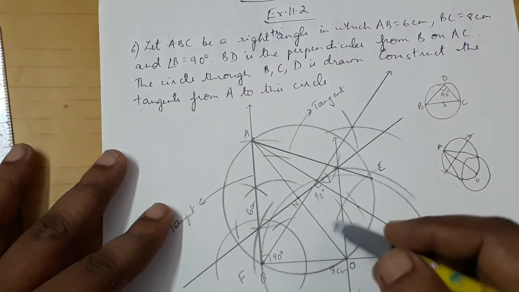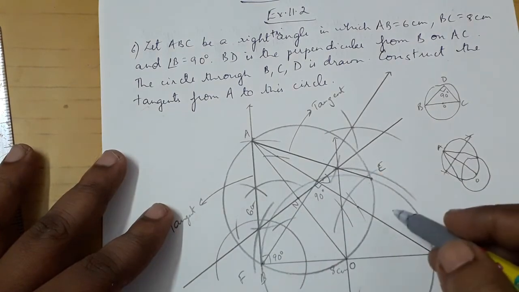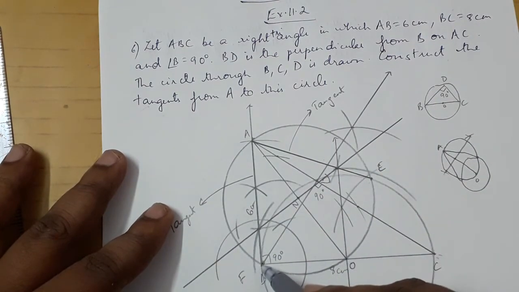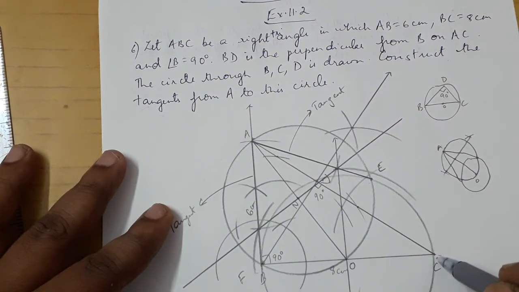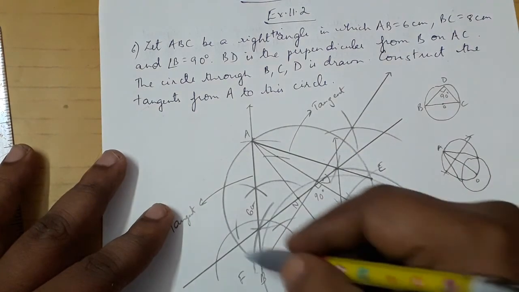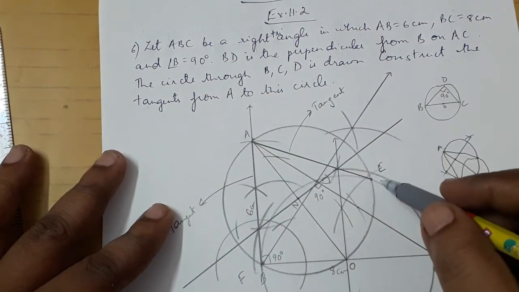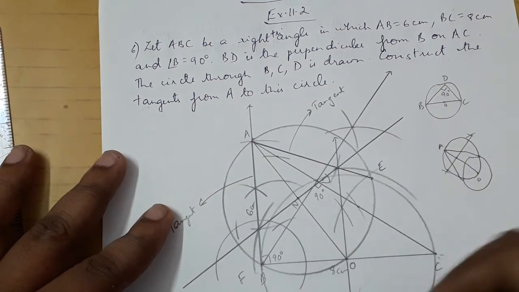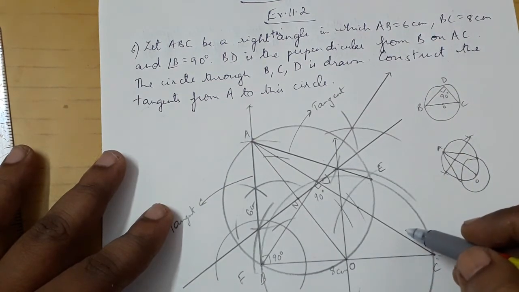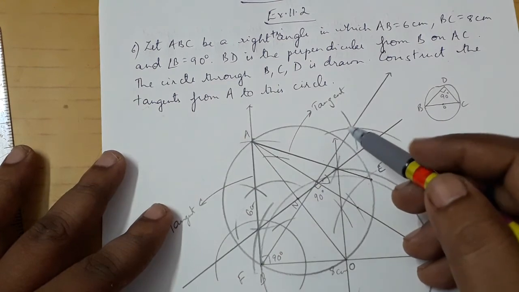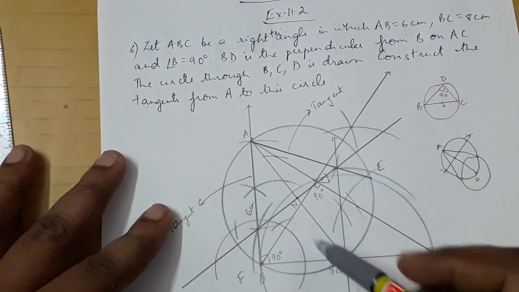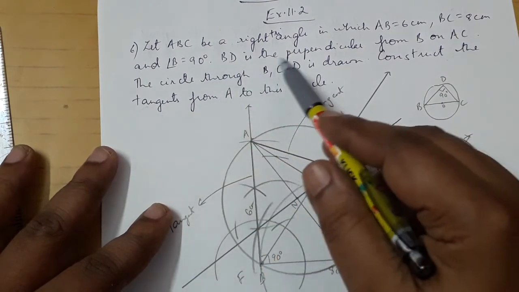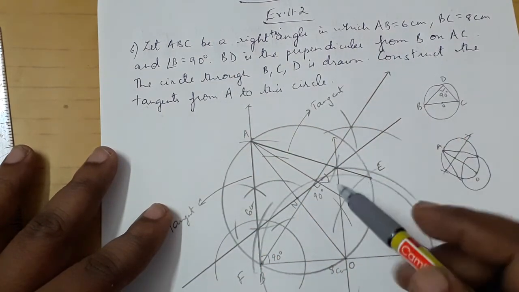For that, we got the center as O by constructing a perpendicular bisector to BC. So once we got the center, it was easy to construct the circle. Before the circle actually, we drew BD, which was perpendicular from AC.